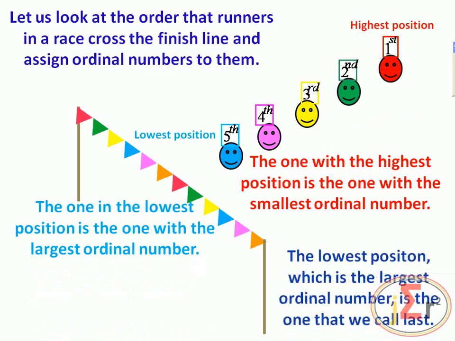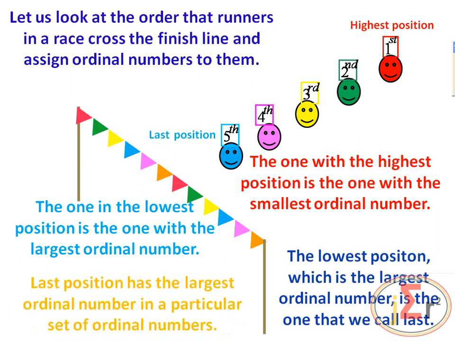Lowest position. The lowest position, which is the largest ordinal number, is the one that we call last. So the lowest position is replaced with last position.